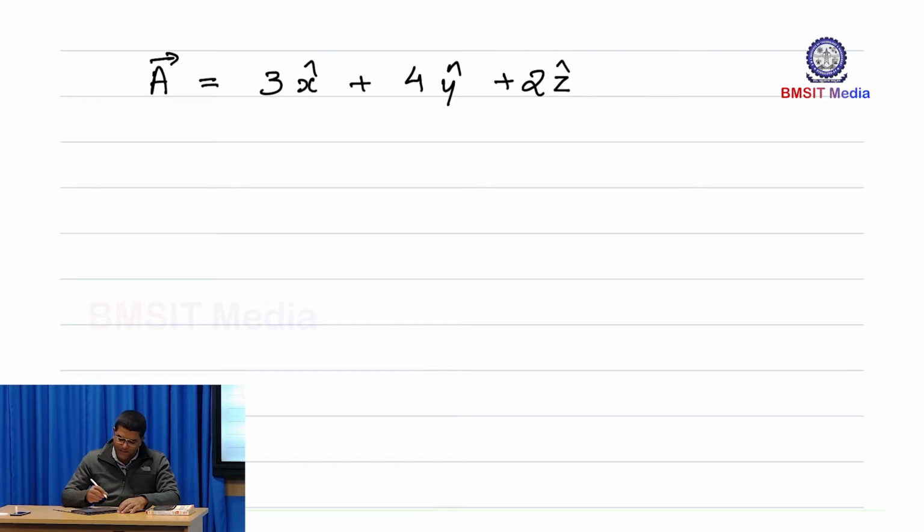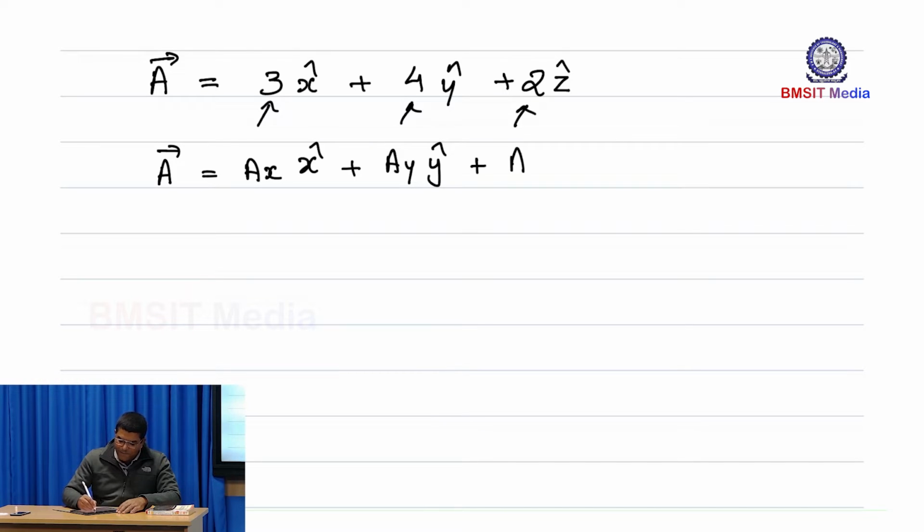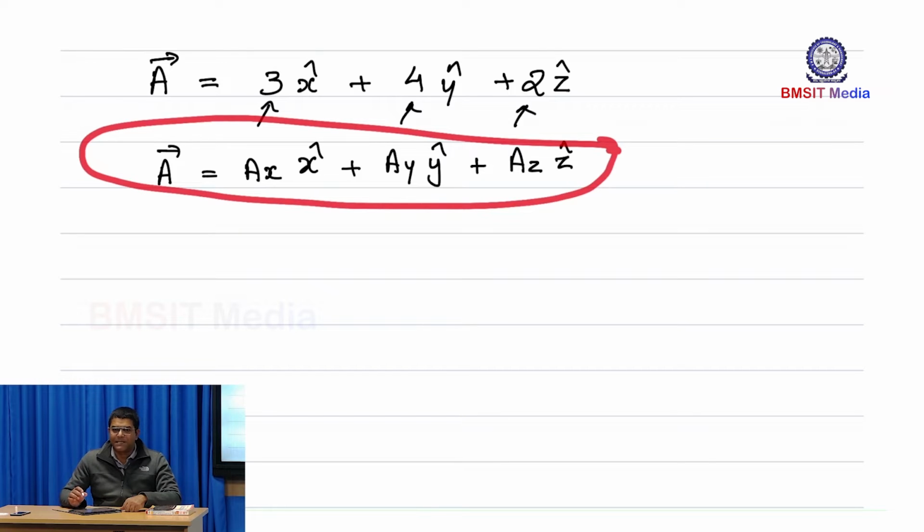Now these values you are seeing here, 3, 4 and 2, can be represented in terms of variables again. So we will write vector A in the general form as Ax x cap, where Ax is 3 in this example, plus Ay y cap, the y component, which is 4 in this example, plus Az z cap, the z direction. So this is how we will represent a vector in 3 dimensions. This is the general representation of a vector.